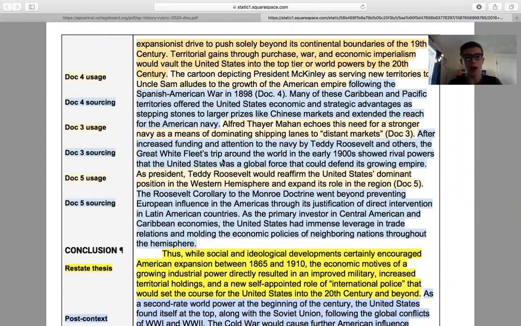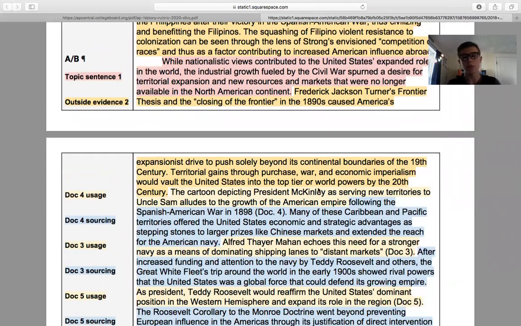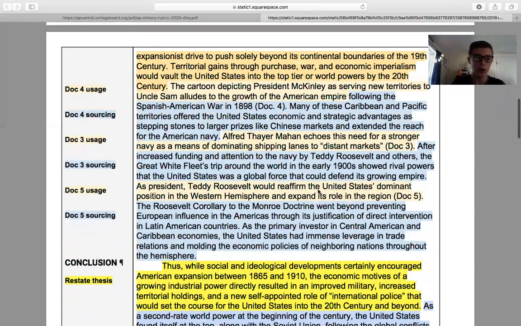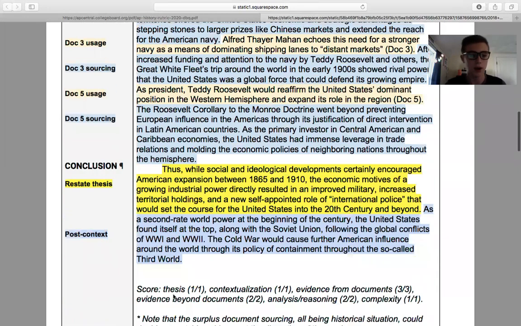I like to do my paragraph in support of the thesis, supporting my claim first, and then the counterargument, but you can do it whichever way. Doesn't really matter. Then you have the conclusion where they restated their thesis, as you can see, and then they gave us some post-context. This is where they got their complexity point.